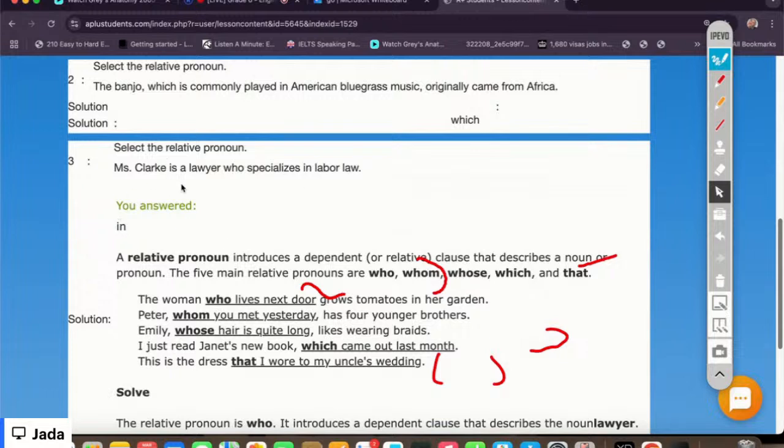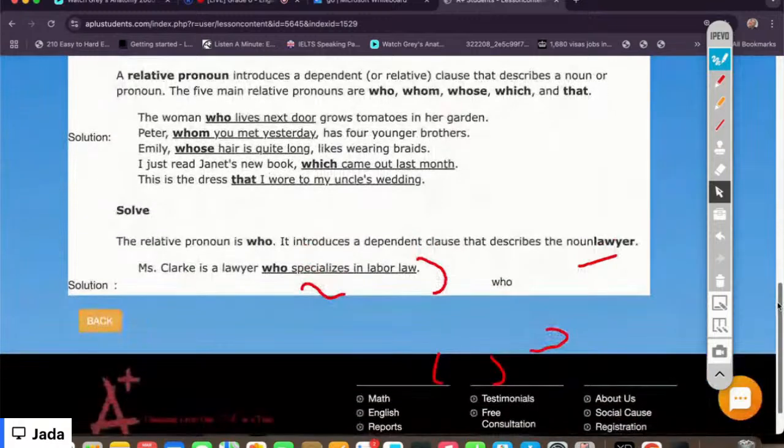So we have Miss Clark is a lawyer who specializes in labor law. So what is the relative pronoun here? We have who, okay? So it introduces a dependent clause that describes the noun lawyer.